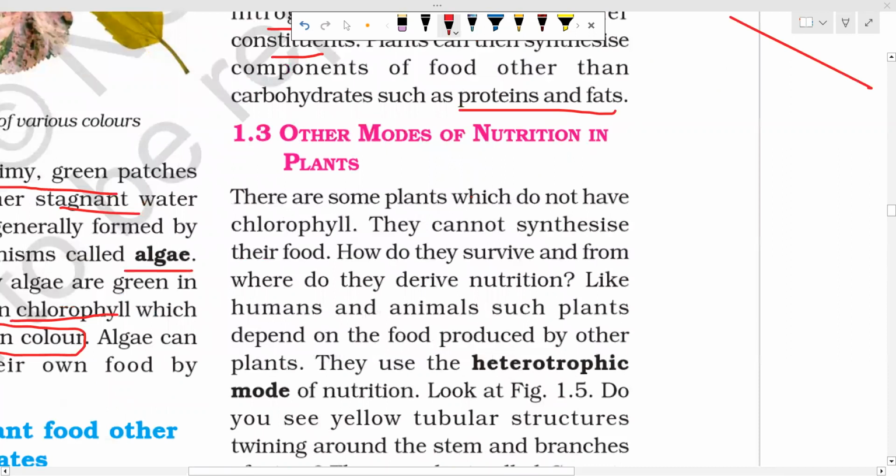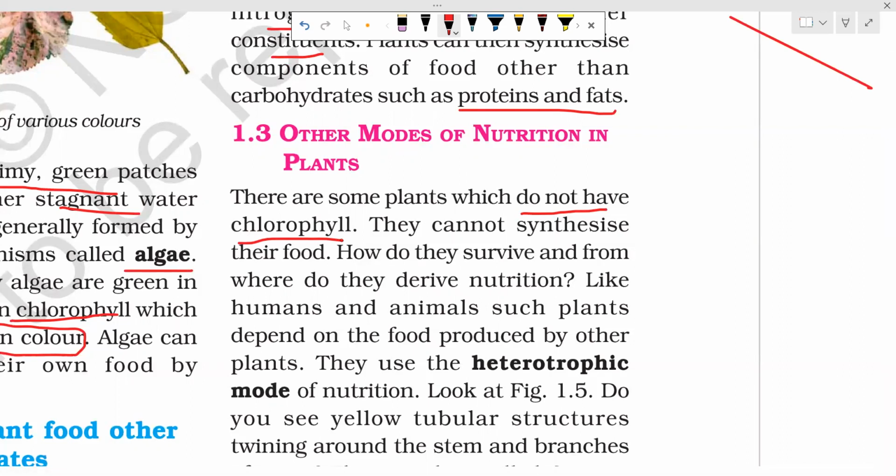See, maximum plants are autotrophic, but not all. Some plants do not have chlorophyll, because chlorophyll is very necessary for plants.